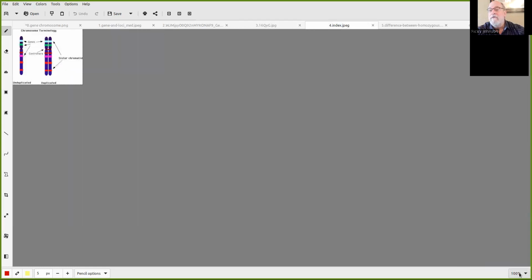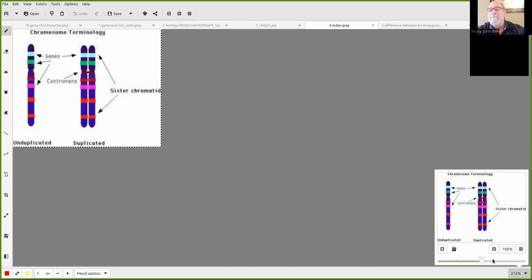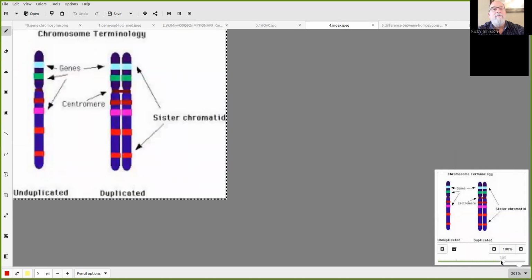All right, here we're going to see a lot more about the chromosome. Now, chromosome terminology. We call them homologous, but when they come together to duplicate, we call them sister chromatids. Whenever you duplicate, you have a single chromosome and you duplicate it. Now, homologous is when they're not identical.